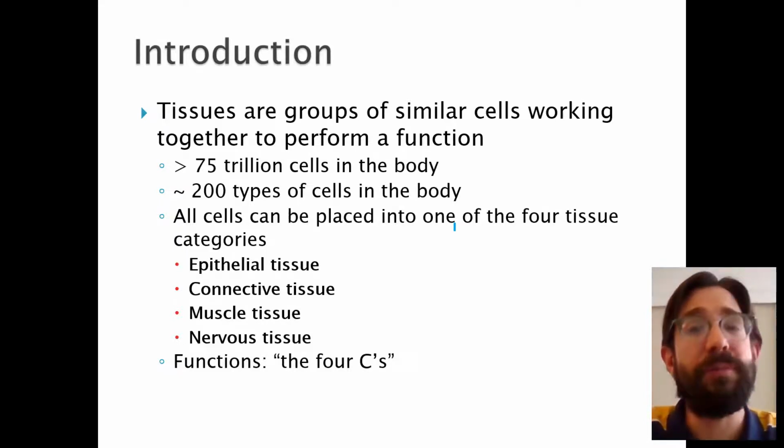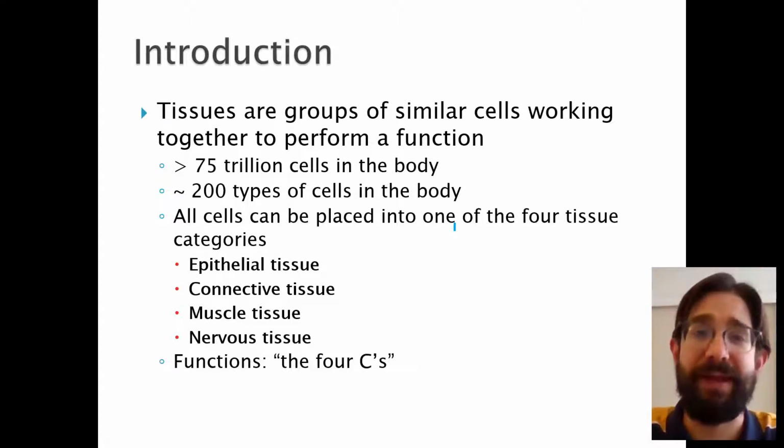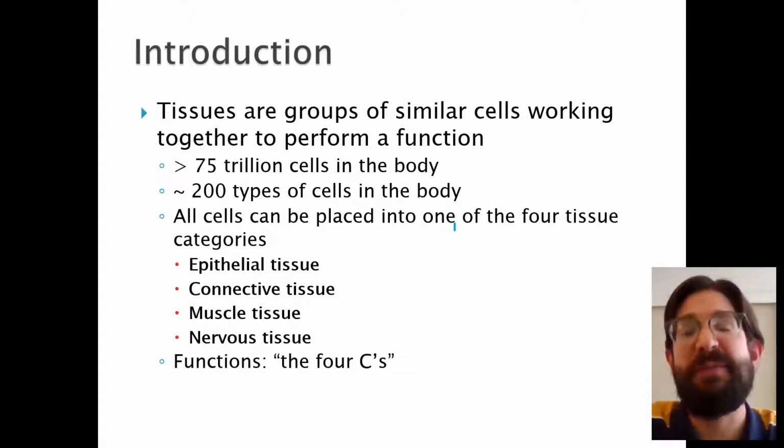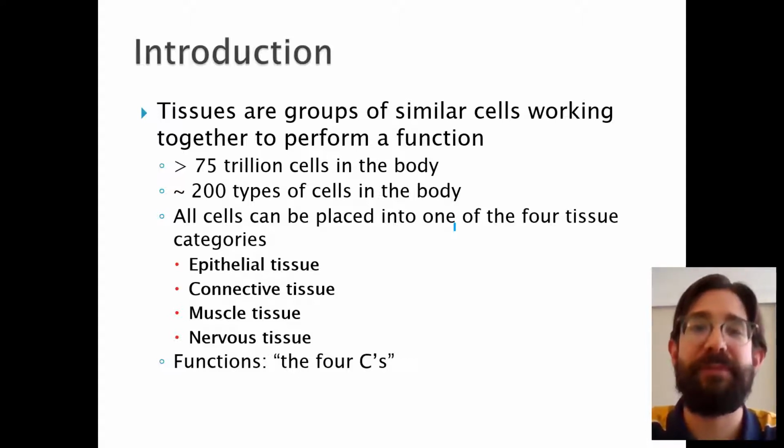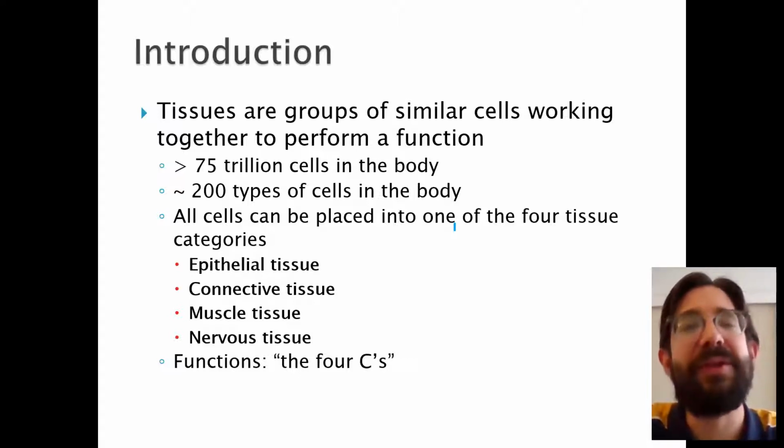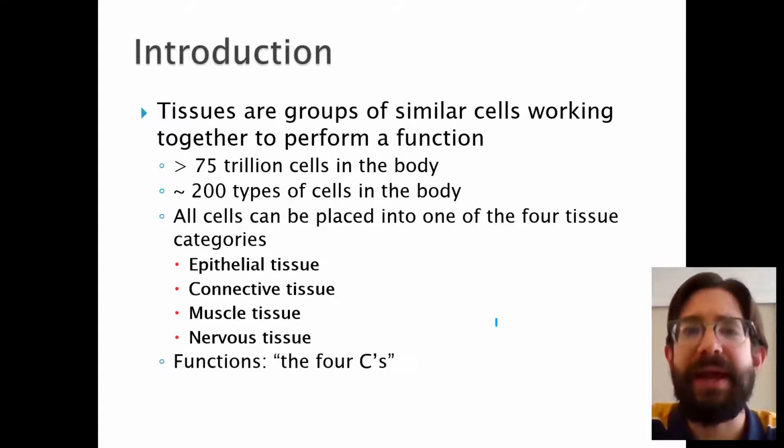However, you can group these 75 trillion cells into about 200 different types of cell. And then these cells combine into actually only 4 major types of tissues. So we'll really focus on the tissue level from here on out in this class. The 4 tissue types are epithelial, connective, muscle, and nervous tissue.